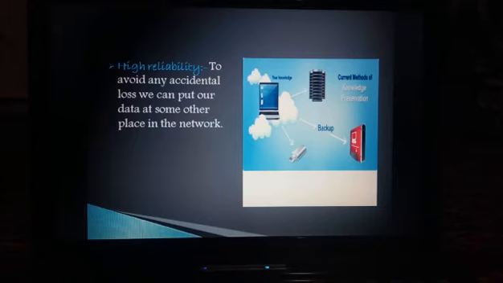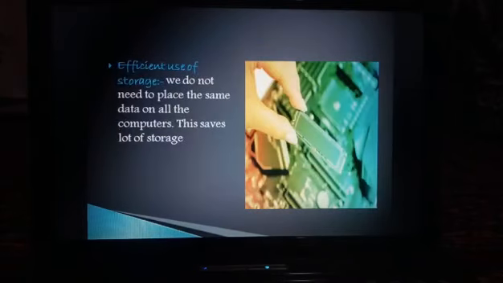Sometimes, if data gets lost on one computer, we can retrieve that data from another computer in the network. Now, the fourth point is that we may have efficient use of storage, as we need not place the same data on all the computers. This will save a lot of storage in a network.